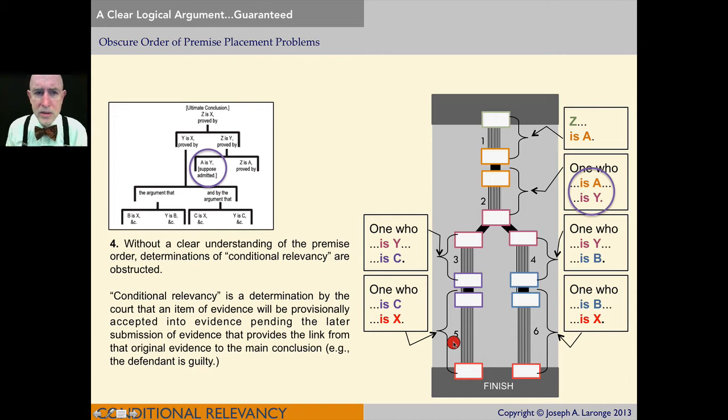So, when you're dealing with issues of conditional relevancy, knowing what's between the evidence that you've offered and the premises that link it to the end of the line of reasoning is really important, and it's just not obvious with the typical tree-like structure.